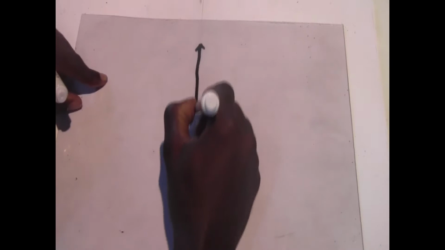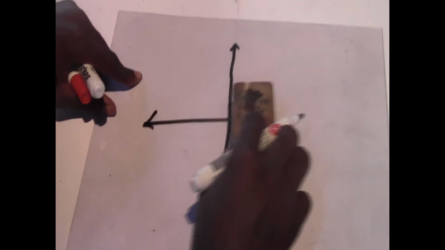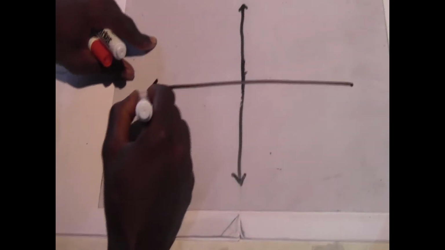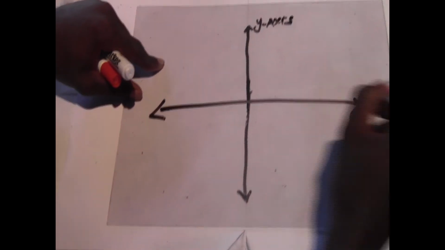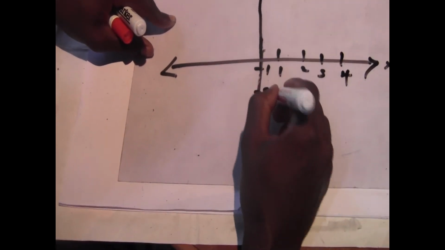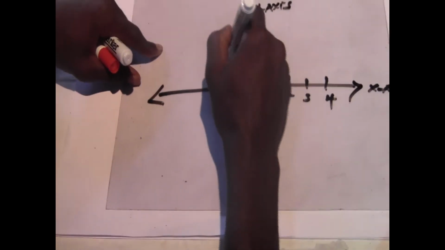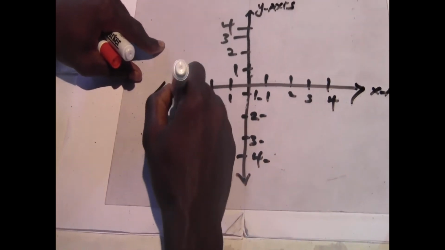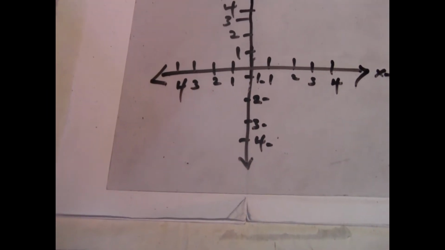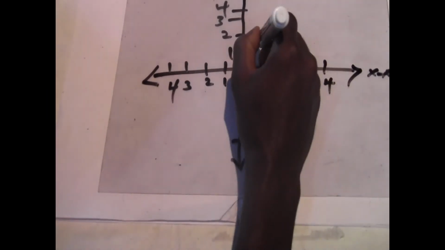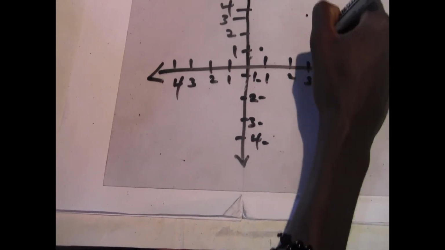For example, I want to draw a Cartesian plane. So this is a Cartesian plane. For instance, we have a point which is here, and then we have another point which is around here.